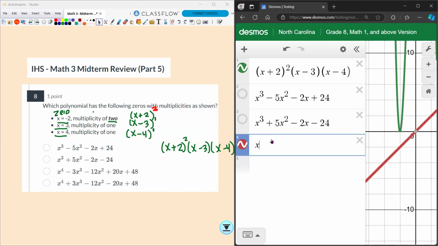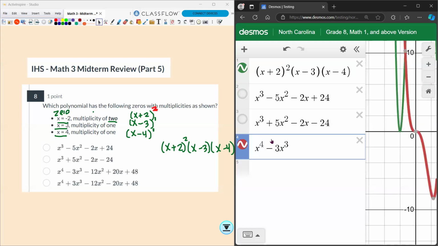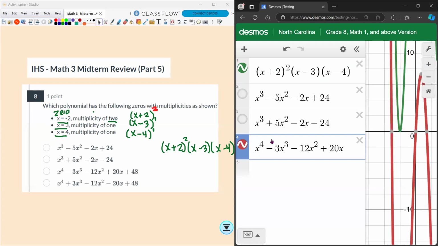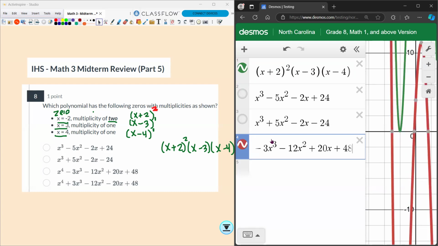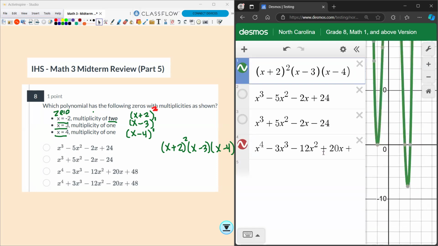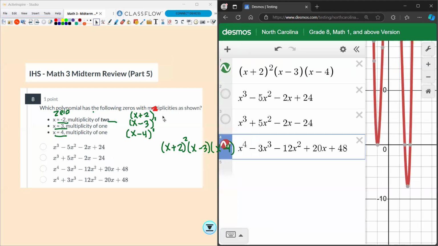Let's go to the third one, x to the fourth minus 3x cubed minus 12x squared plus 20x plus 48. And as you can see, that lines up exactly with this graph here. So we know that those two graphs would be identical. So, if you don't know how to multiply those together to get that, you can use your answer choices to come to that same conclusion.